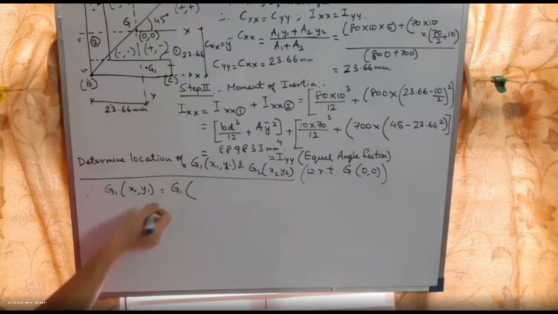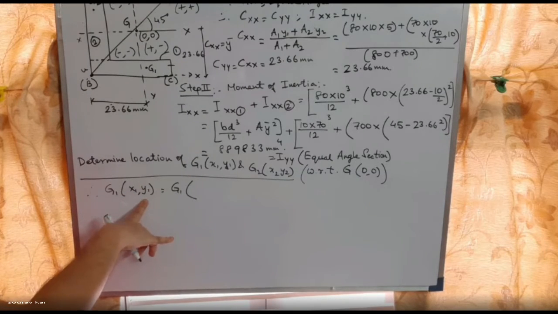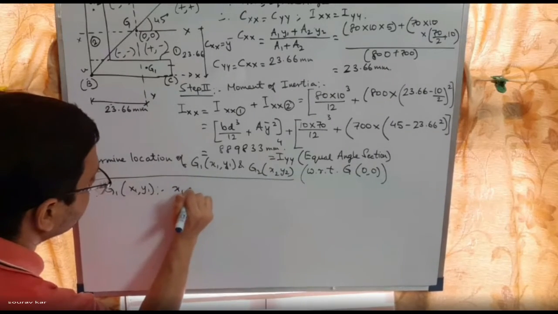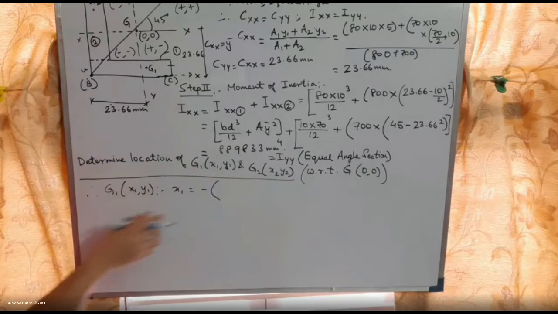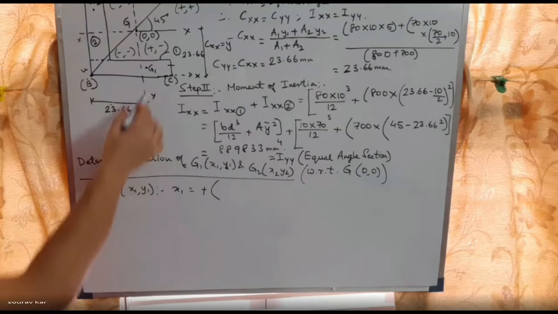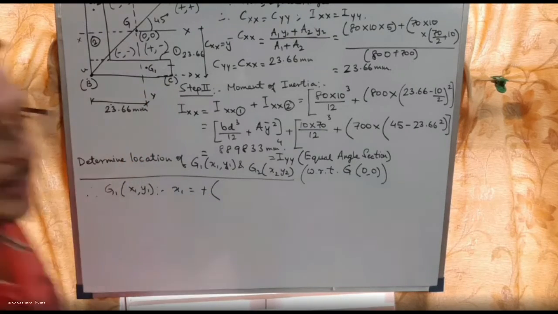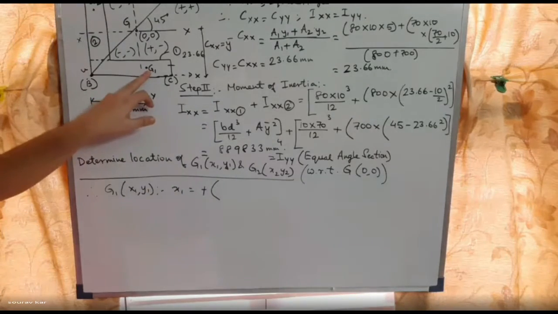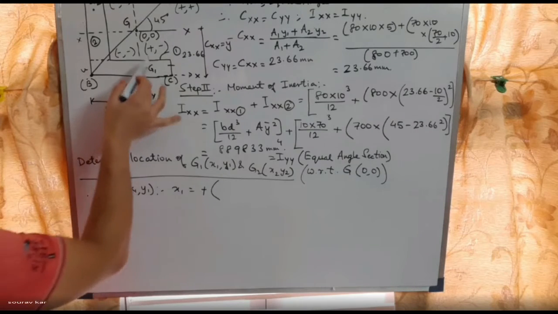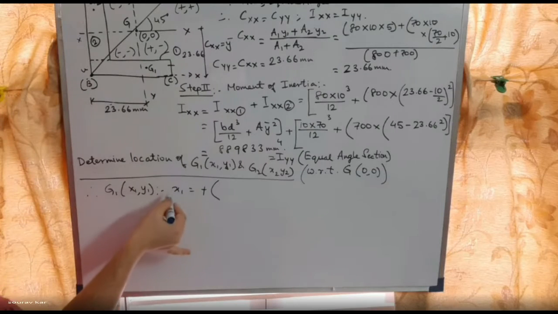So the coordinates of G1, X will be negative and Y will be negative. Okay. So X1 will be minus of how much? Sorry, X1 will be positive. Sorry. If you see this diagram properly, G1 is in the fourth quadrant. So finding this location is very important. For G1, X is positive.